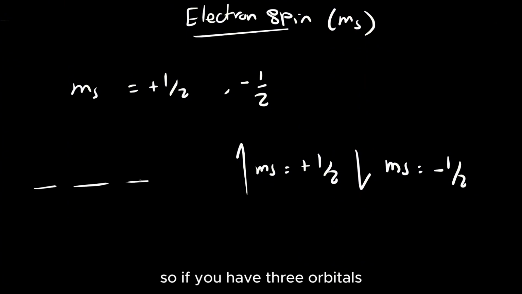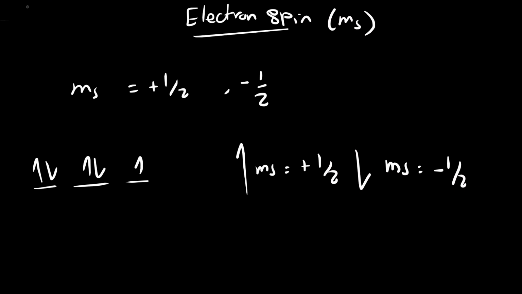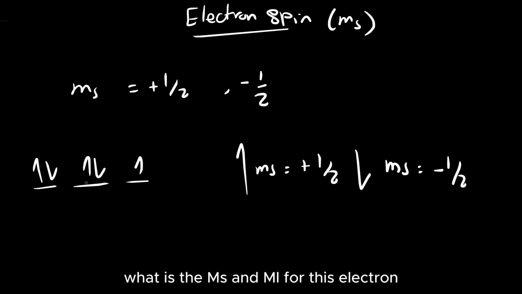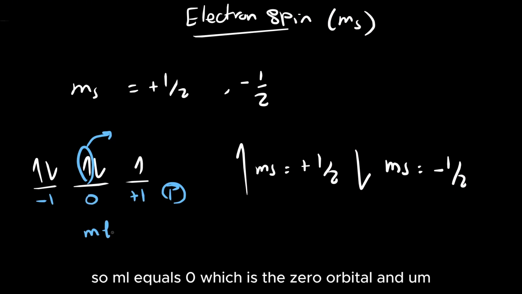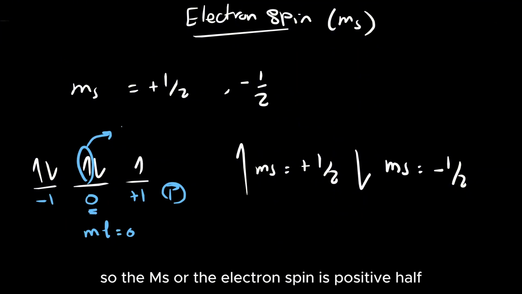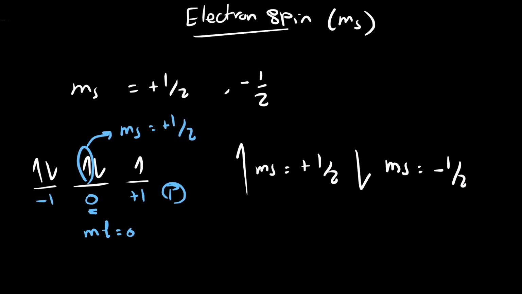So if you have 3 orbitals having these electrons, what is the ms and ml for this electron? Know that this is the p sublevel, so ml equals 0, which is the 0 orbital, and this electron is going up, so the ms, or the electron spin, is positive half.